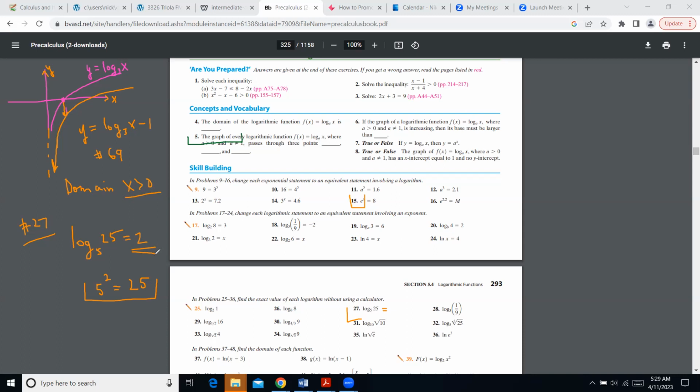So logarithm is nothing else but the power that I have to raise my base number 5, which they put here in the base of this logarithm, to produce as a result number 25, so they apply this to 25.